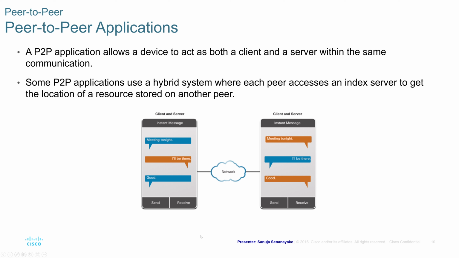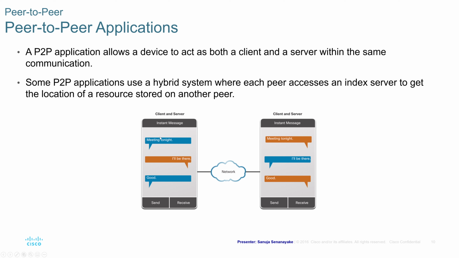And that is what is shown here on the diagram. Basically you have a client and a server, and a client and a server. So there is no dedicated server, just clients that also act like servers. We have an instant messaging platform here for an example. It's just sending back and forth, sending and receiving data.